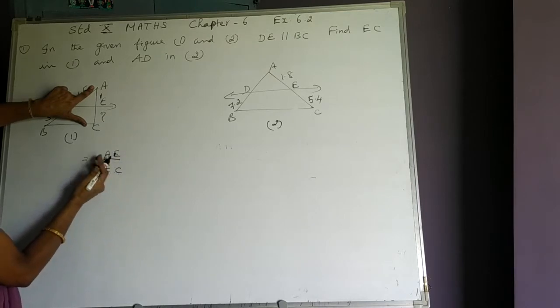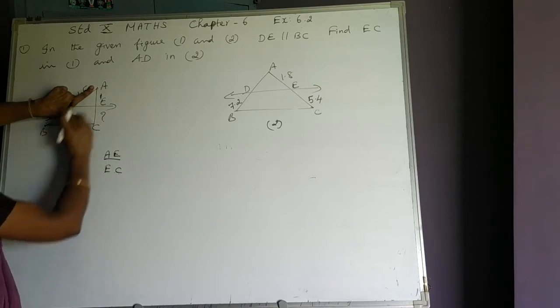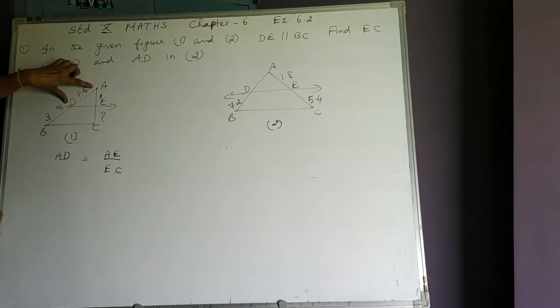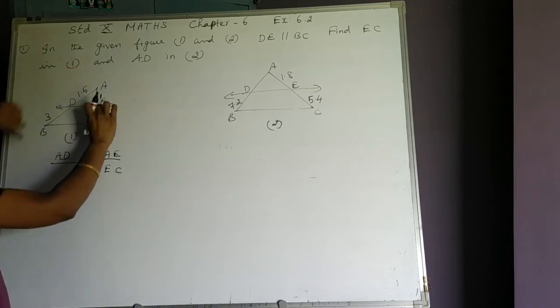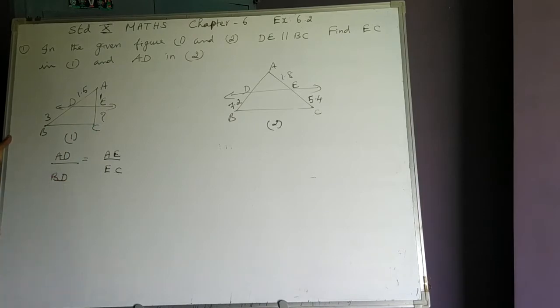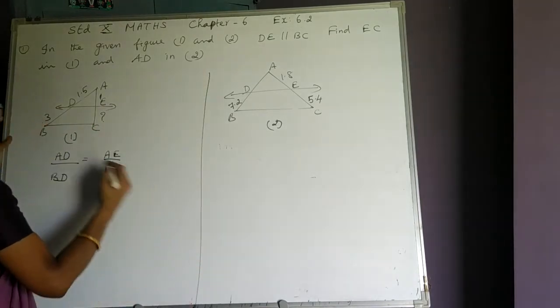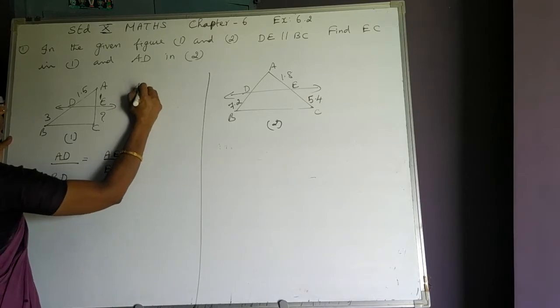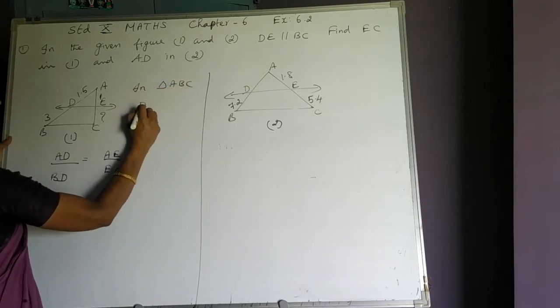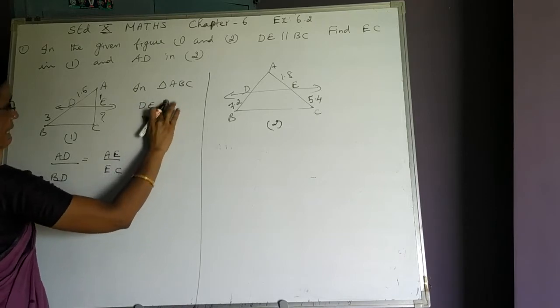Now which are the corresponding terms on the left side? If I take AE, on the other side, what should be taken? AD should be taken. If I take EC, the other side what should be taken? BD, right? But why we take this, that we should explain. In triangle ABC, DE is drawn parallel to what?